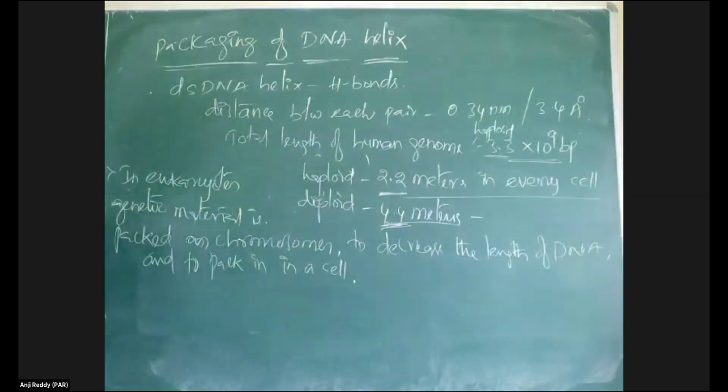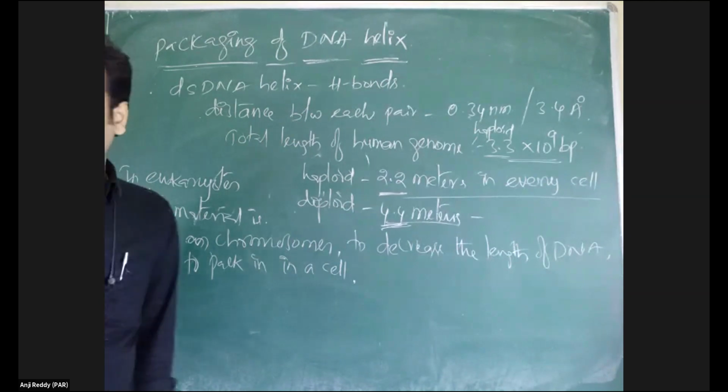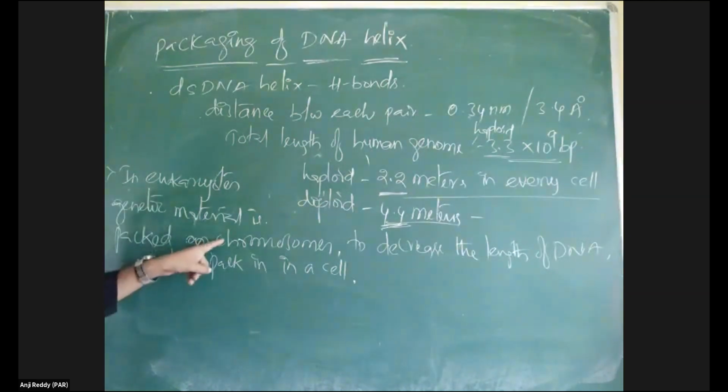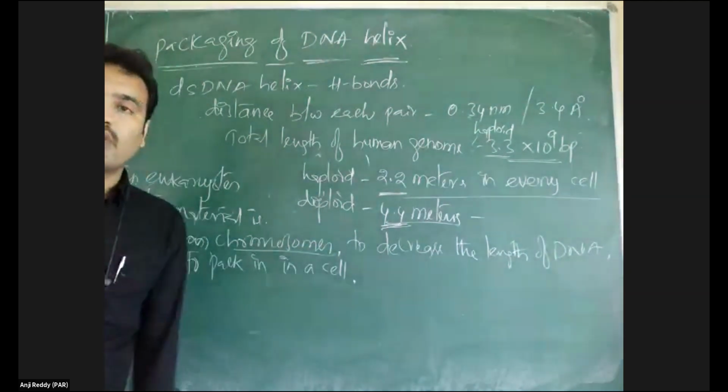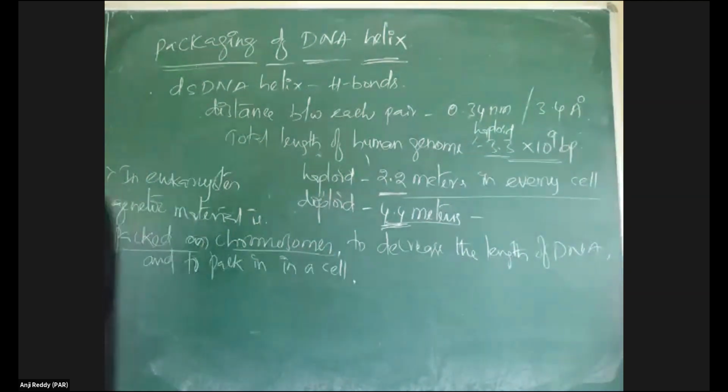A cell is a very small structure. In that small cell, DNA is packed. For that packing, DNA is arranged as chromosomes. That chromosomal organization is a very high organization, a very complex structure, and the DNA is packed in that complex structure.